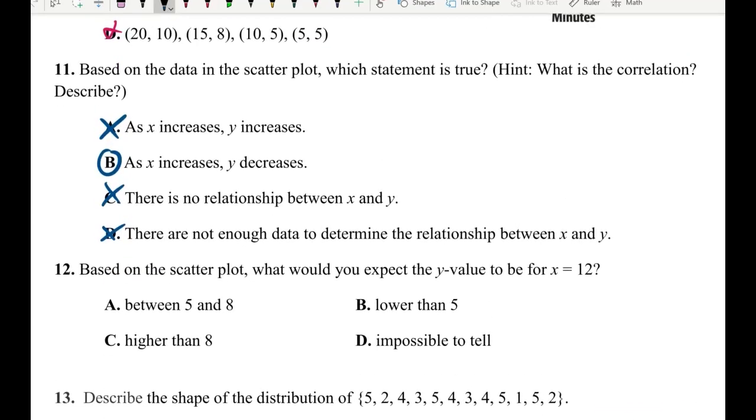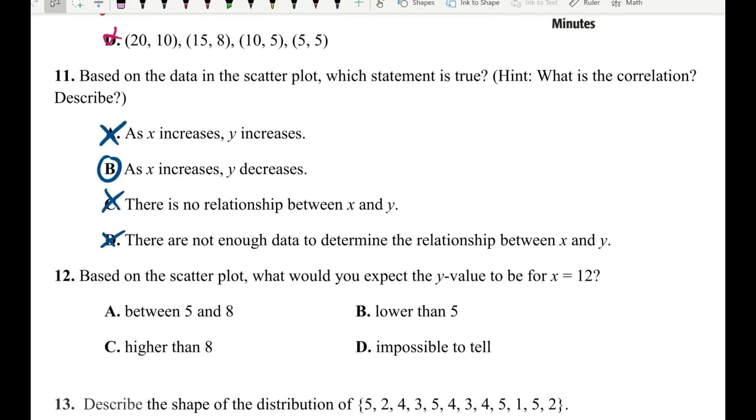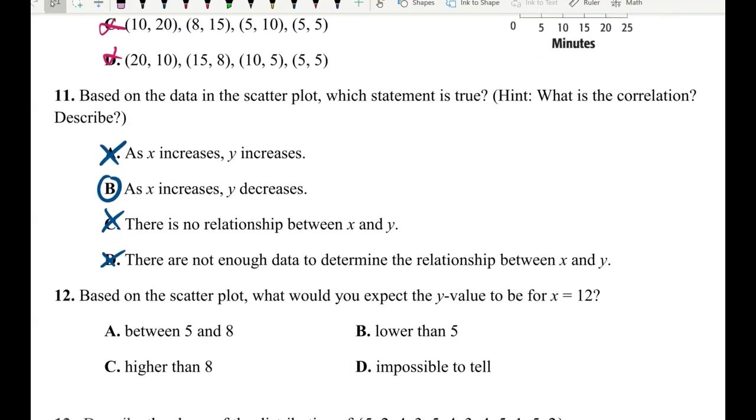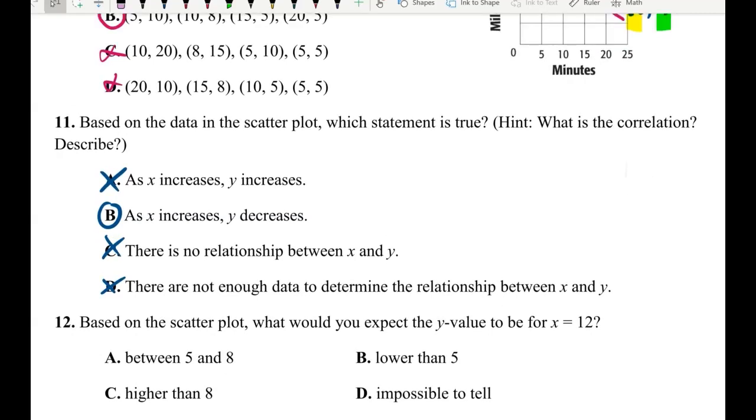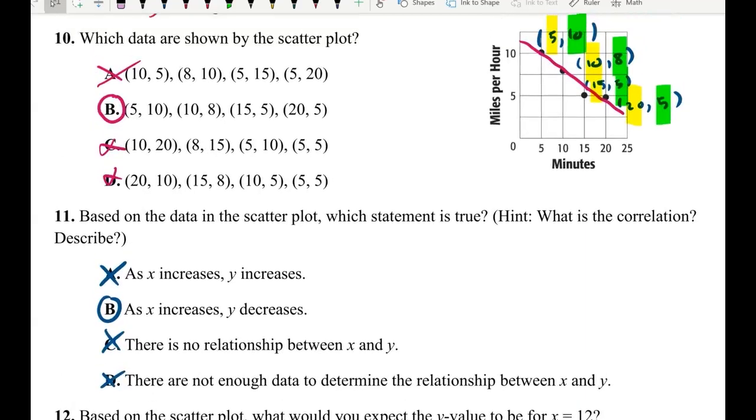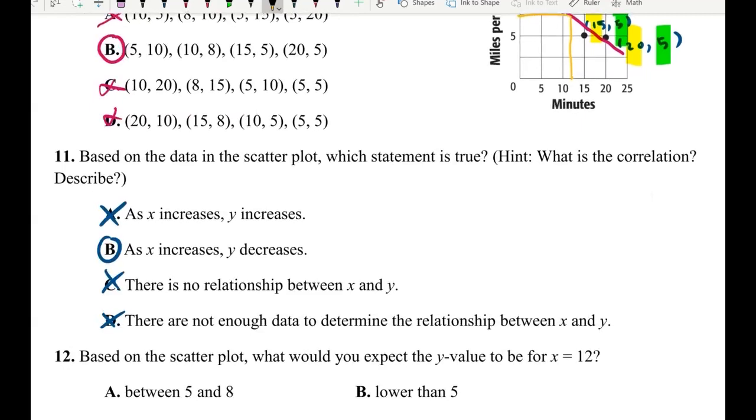Alright, number 12. Based on the scatter plot, we still go back to number 10. What do you expect the y value to be for x equal to 12? When x is 12, we have to guess between 10 and 15, so somewhere over here is x equal to 12. What is your y value as x is 12? I would say it's about 7.5.